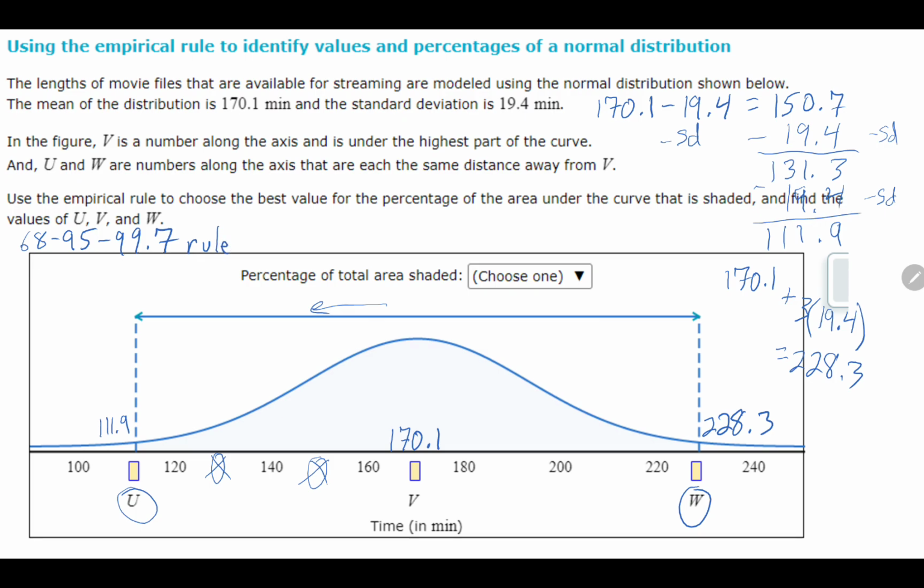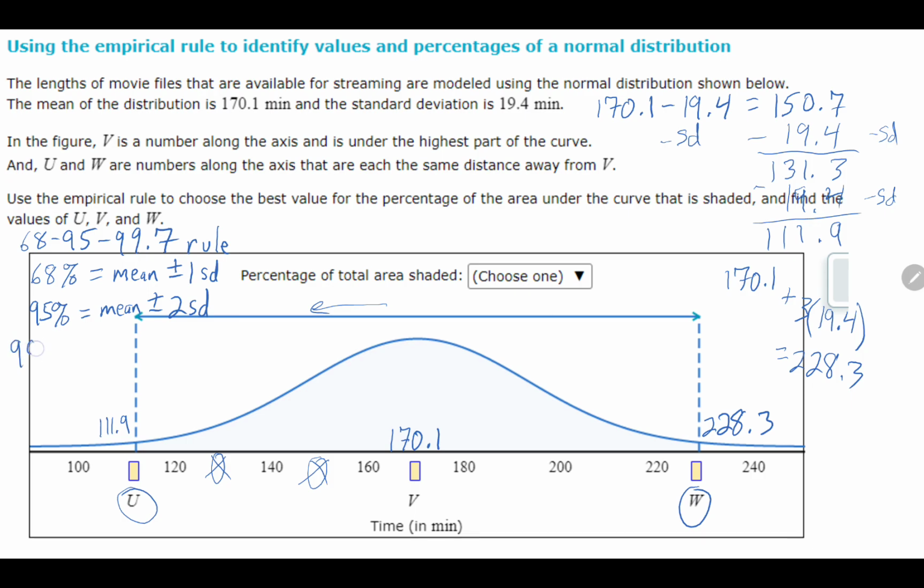One standard deviation, so 68%, is the mean plus or minus 1 standard deviation. 95% is equal to the mean plus and minus 2 standard deviations.